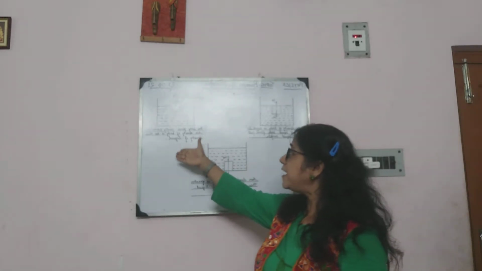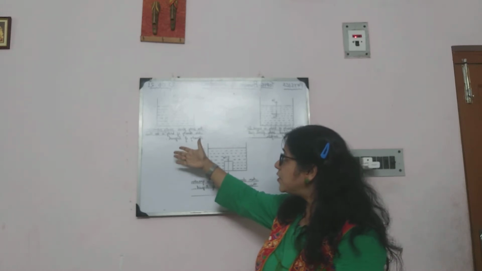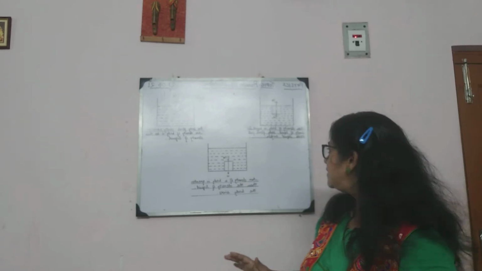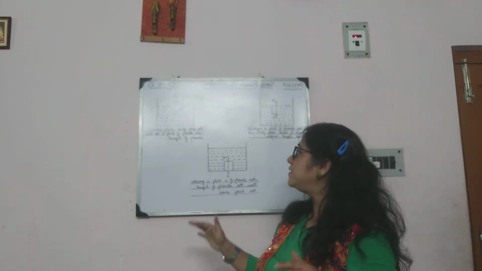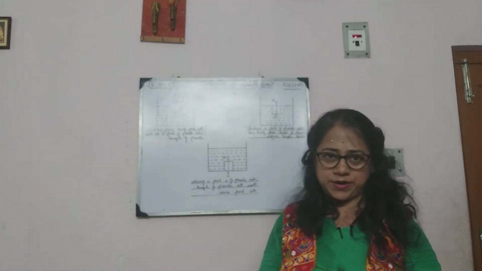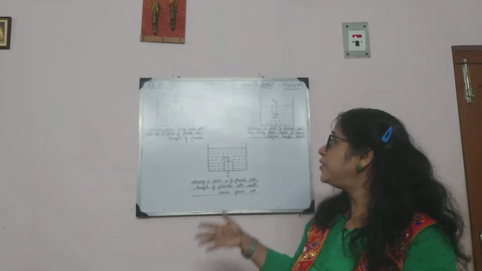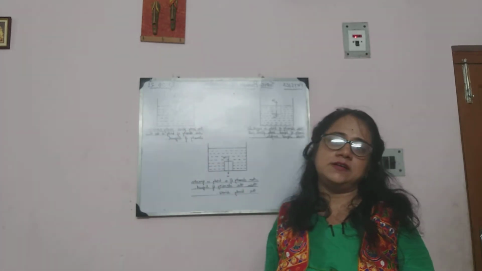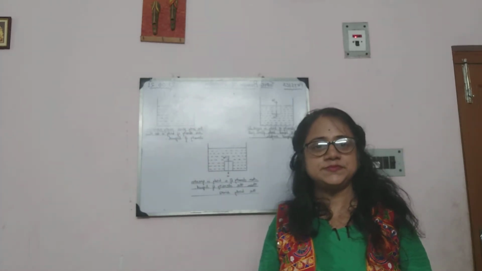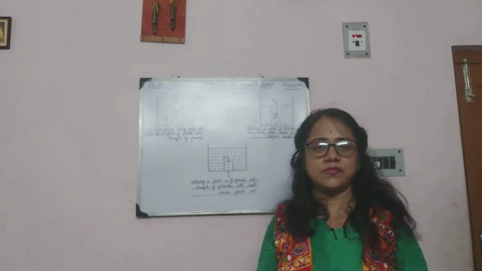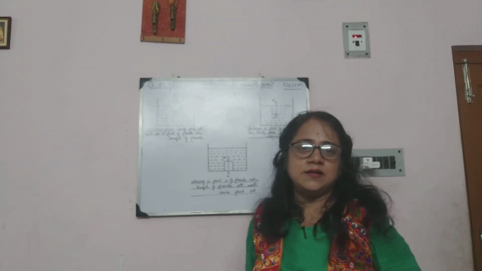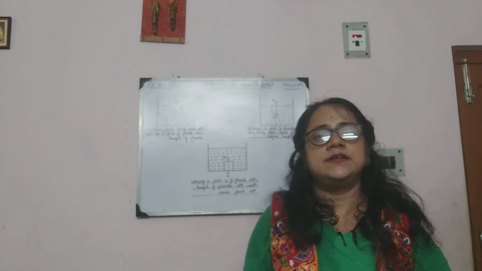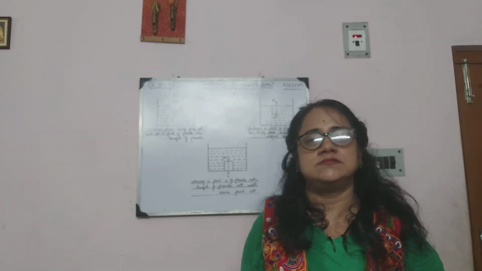And the third case is when the body floats partly submerged, when the density of the body is less than the density of the liquid. So it is partly submerged and partly above the surface of water. So this is the principle of flotation of any object we see on water.